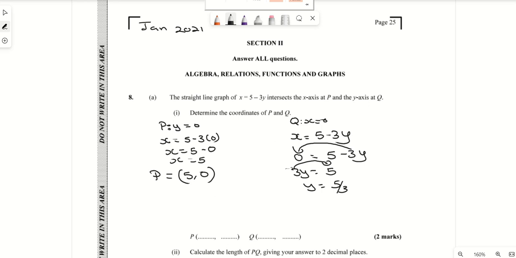So y is equal to 1 and 2 over 3. So the coordinates of P would be 5, 0, and for Q, x is 0, y is 1 and 2/3. And that would be your answer for this question.